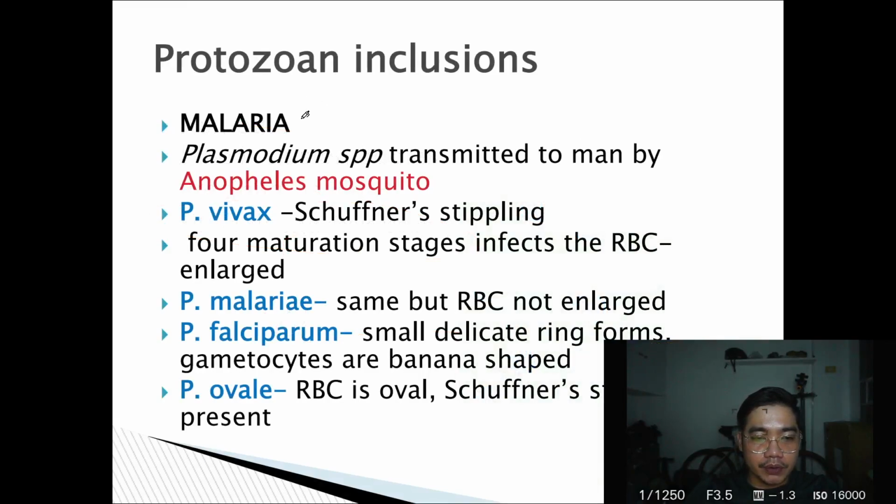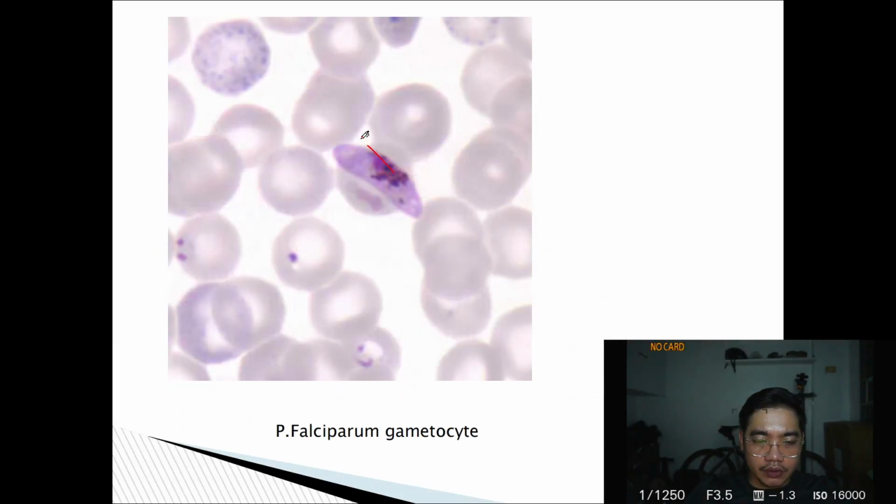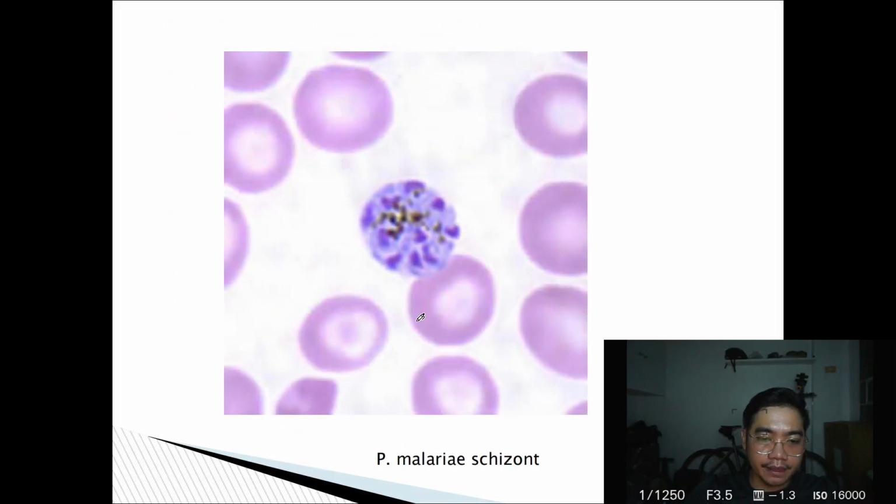So we also have protozoan inclusions, your Plasmodium, brought about by your Anopheles. Schüffner's stippling usually is found in your vivax. So malariae, falciparum, and ovale. This is usually from your falciparum. Gametocyte lang, falciparum. This is schizont, ring form.